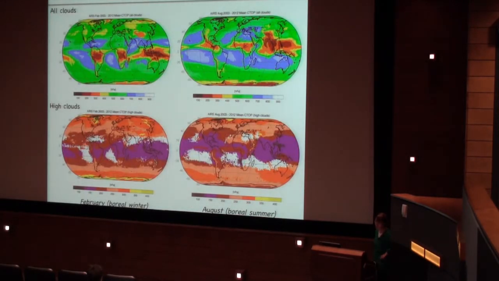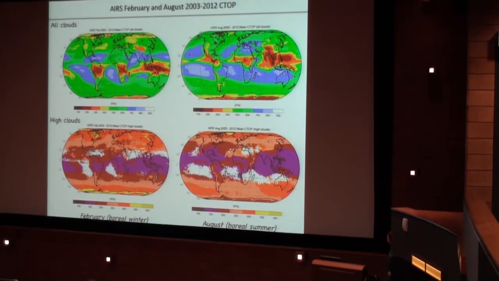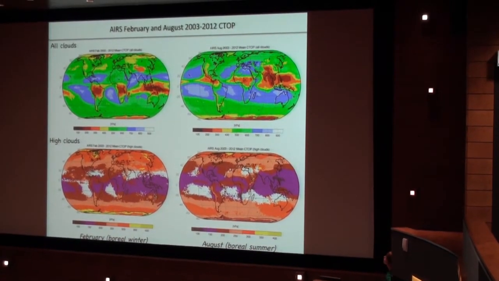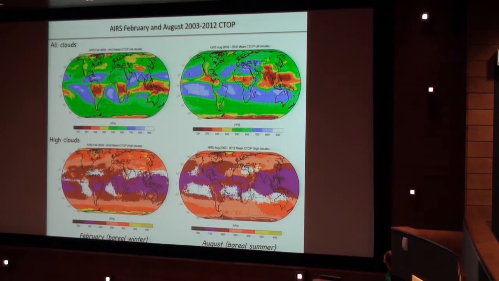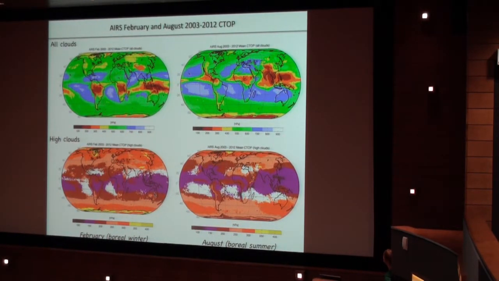Now that's the AIRS, February and August, low clouds and high clouds, cloud pressure. That's the average over the 10 years, 2003 to 2012. As expected, we find the highest clouds in the ITCZ, and we also see nicely how the ITCZ moves from February for boreal winter.